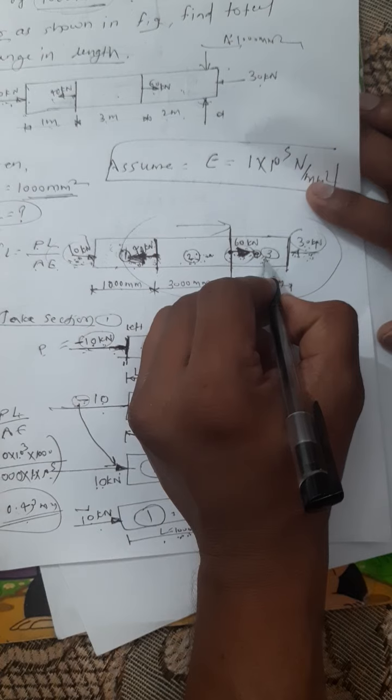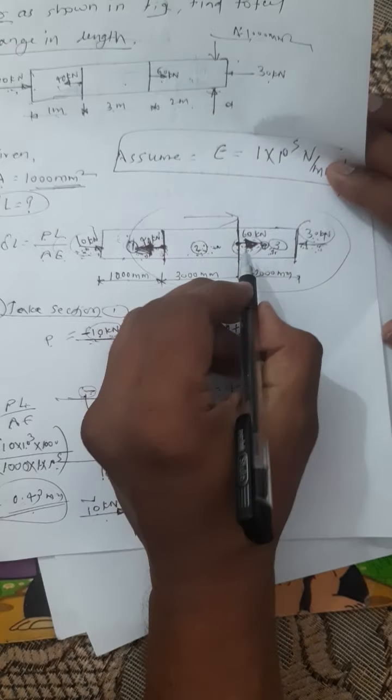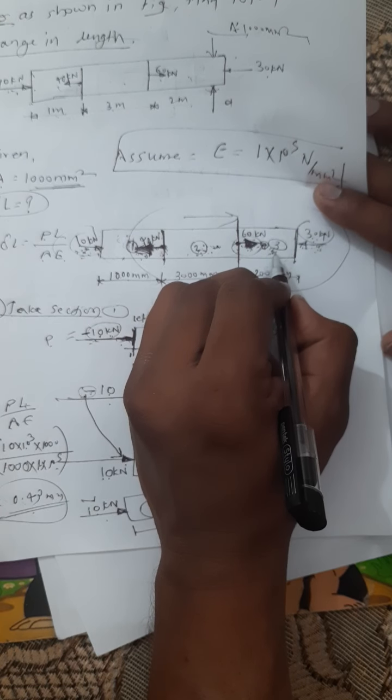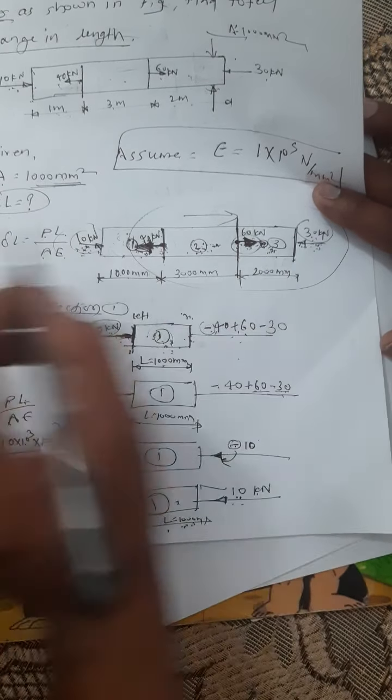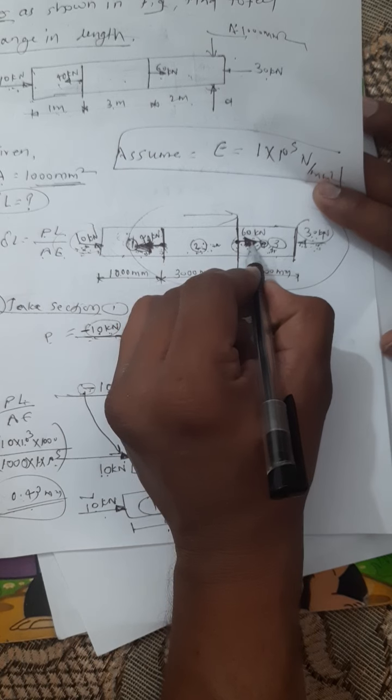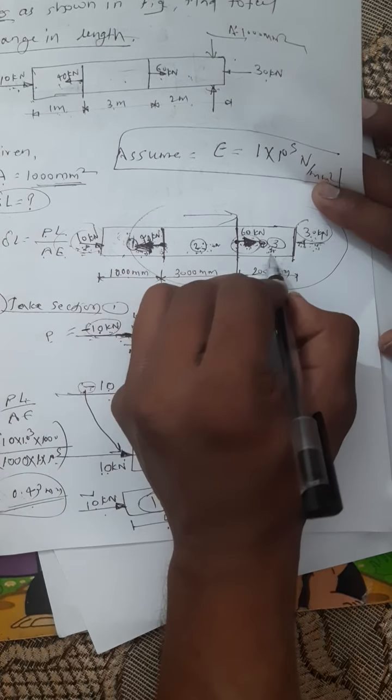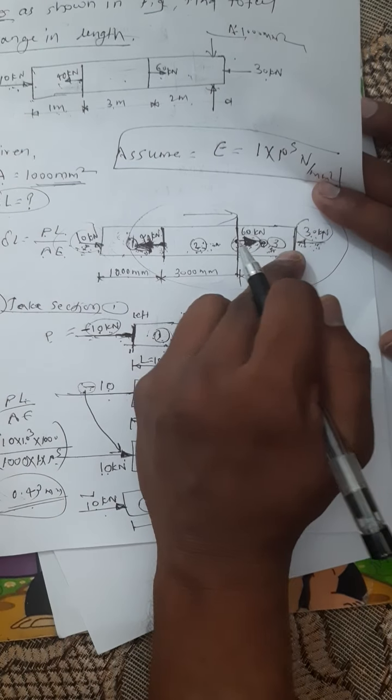So at the left side of this third section we have 3 forces: first, second and third. These are the 3 forces available at the left side of section number 3.